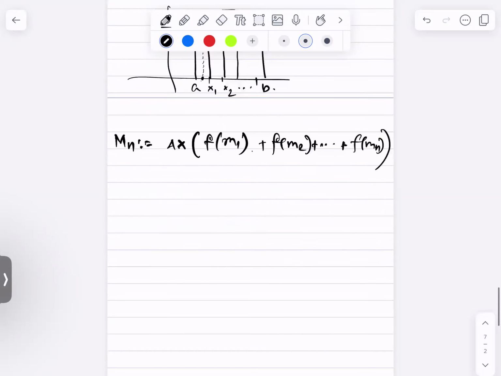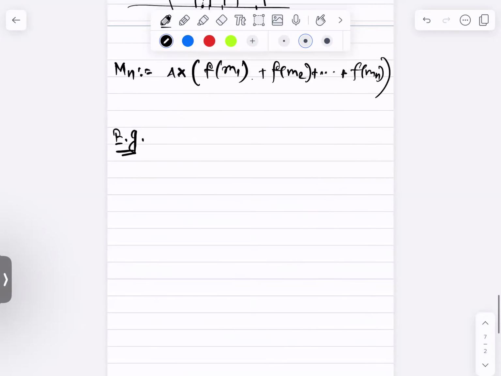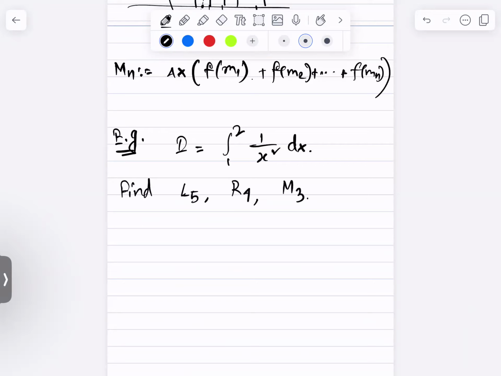Okay, let me just solve one problem, then I guess things will be a little bit clearer. I'll take one integration and try to apply all three different approximations we have studied so far to the same problem. Say it is asked to evaluate L5, R4, and M3.